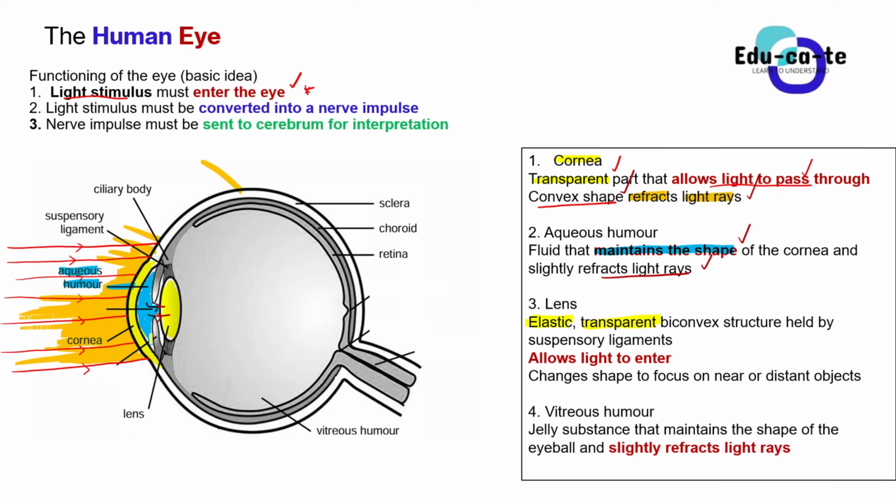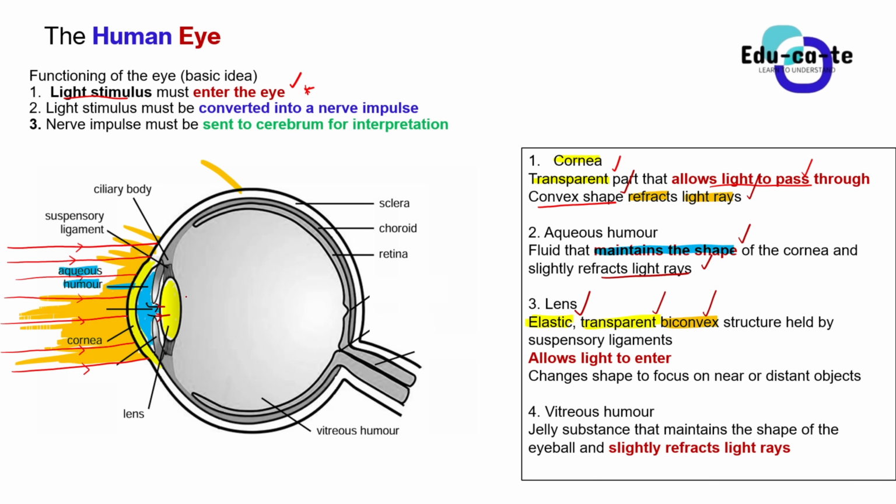Just like the cornea, light can enter through the lens because the lens is transparent. And it is also biconvex. So we have three adaptations that you need to take note of here. All these three words are important labels and descriptions for the lens: it is elastic, it is transparent, it is biconvex.